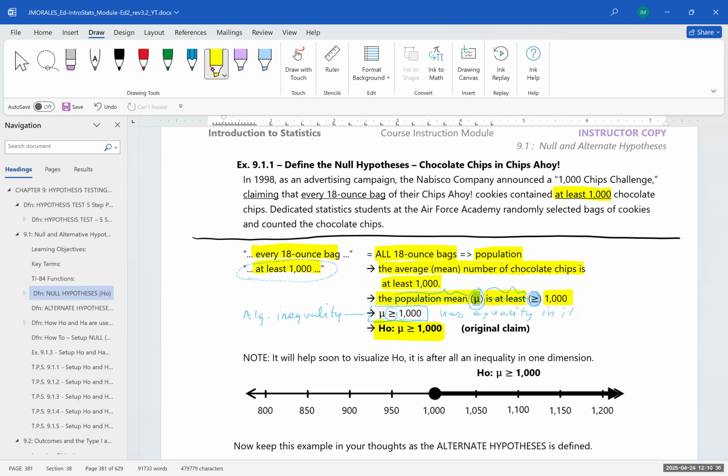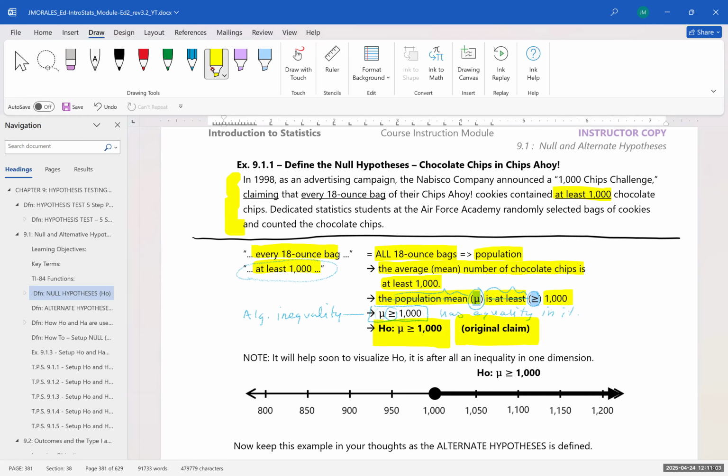And a critical thing you want to remember here is that this null hypothesis is our original claim. That's the claim that's being made originally in our problem. You're actually going to want to write this down next to this null hypothesis that you just wrote down.